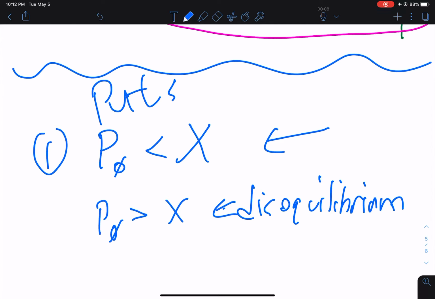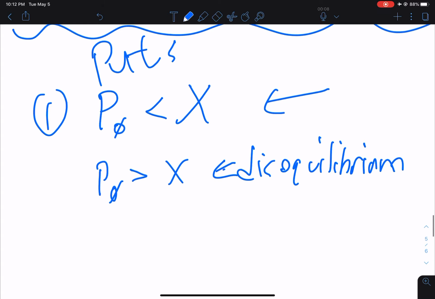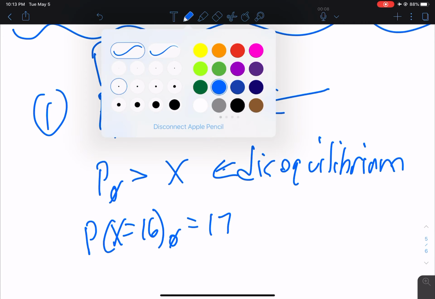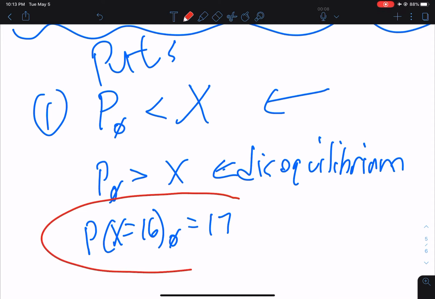And now let's put some numbers to it. Let's say we have a put with an exercise price of, just make up a number, 16, that has a price right now at date 0 of 17. Okay? So there we've identified with numbers our disequilibrium.